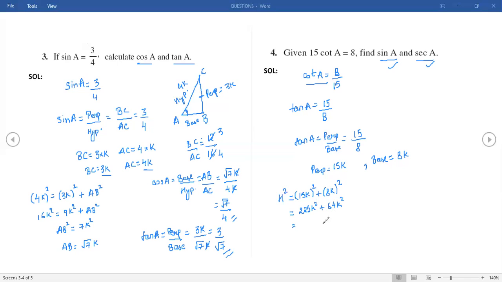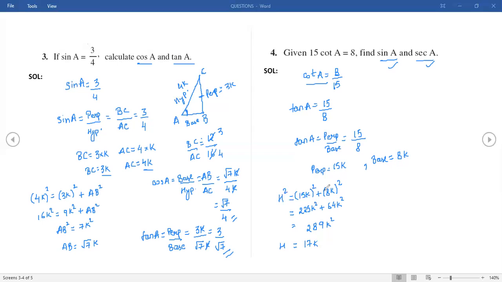So it is 289 K square. Hypotenuse will be the square root of 289, that is 17, and the square root of K square is K. So h is 17K.